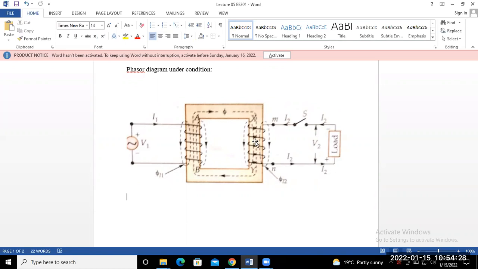When the current lags the voltage by 0 to 90 degrees, maybe 30 degrees, maybe any degree between 0 and 90, is it not? Any degree between 0 and 90, when it lags, we say lagging power factor, and when the current leads, that means leading power factor.